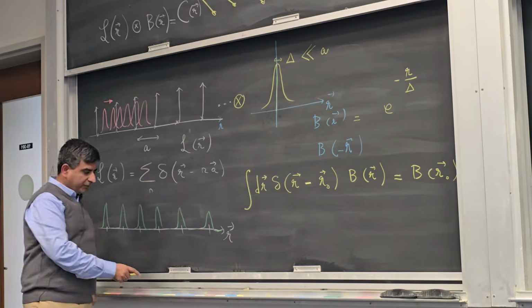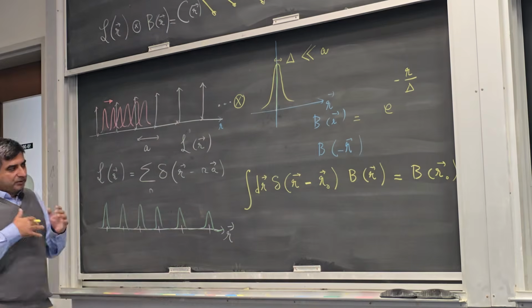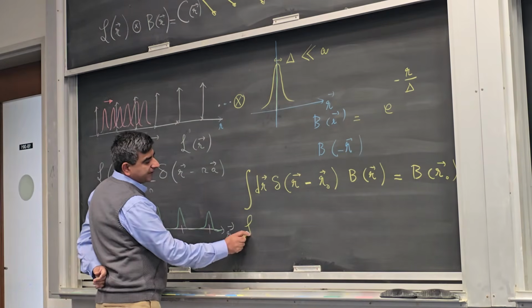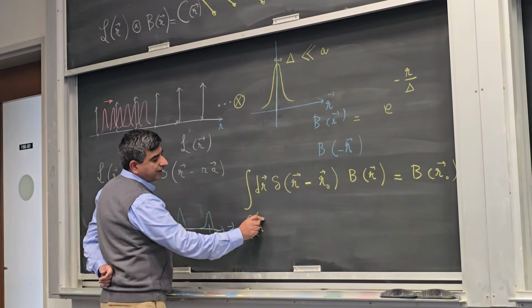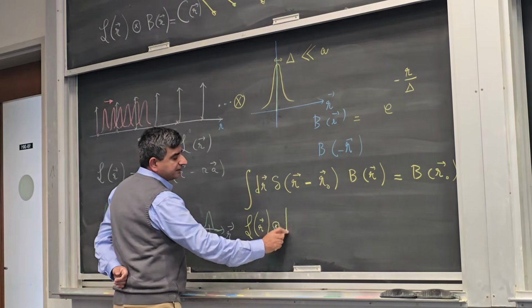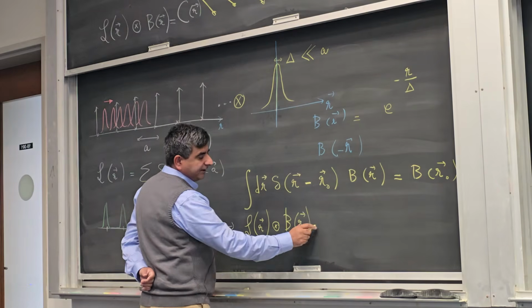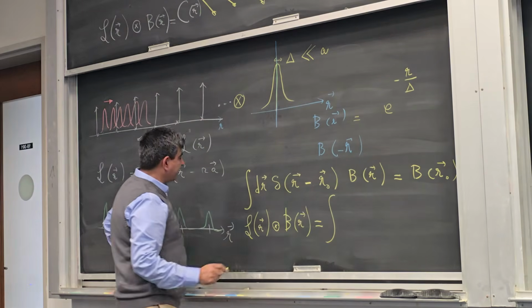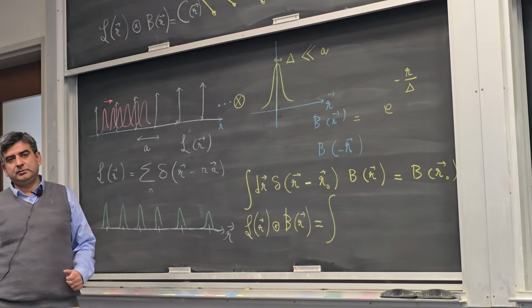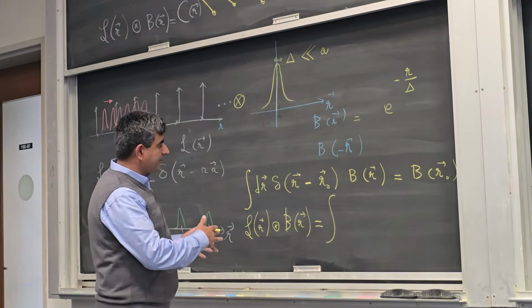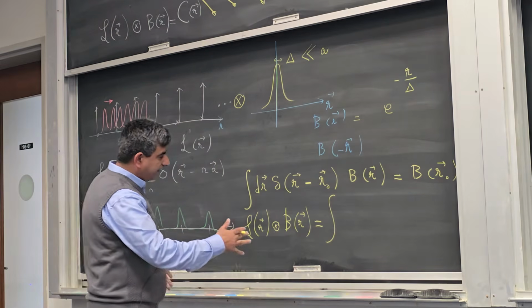And if you were to ask me how the convolution function looks mathematically, it looks like the following: L of R convolved with the basis function equals another function of R. Now how do I define this function?